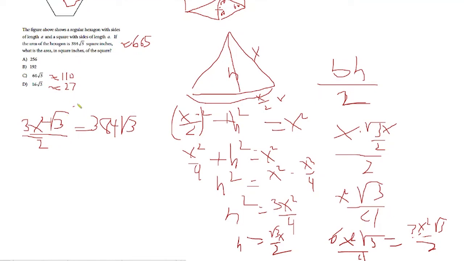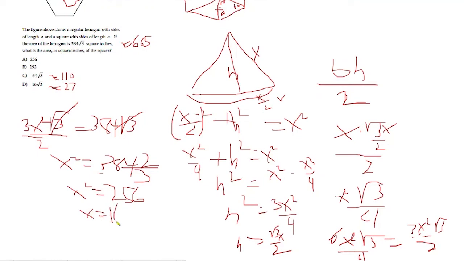Now we cancel here, and then we get x squared equals 384 times 2/3, which is calculator. You can use the calculator. A third of 384 is 128, times 2 is 256. Now from here, you're just asking for the area of the square, so x squared is already 256. Another little time trap is that you might take the square root to get 16, then square that again and get 256 to be the area of the square.